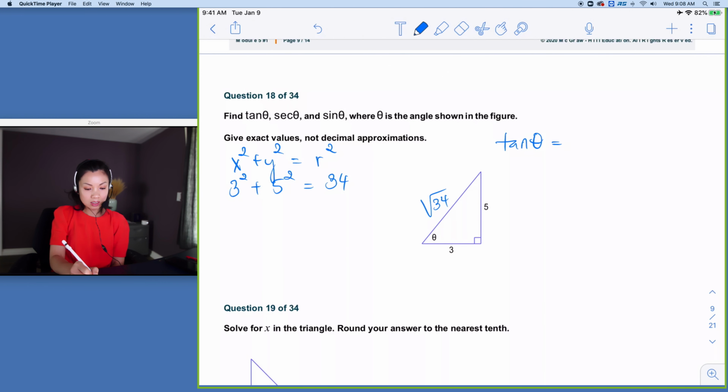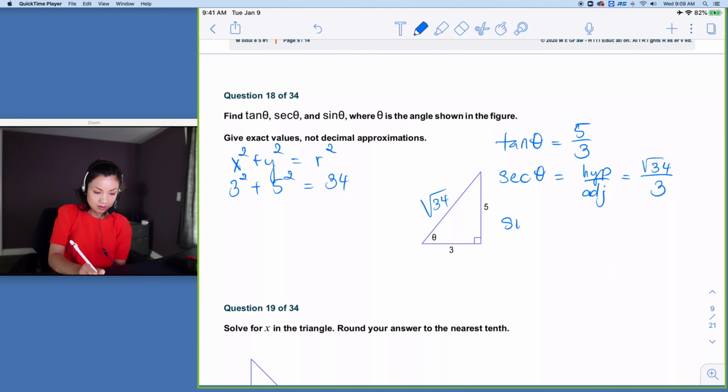Tangent is opposite over adjacent. Secant is hypotenuse over adjacent, which is square root of 34 over 3. And sine is opposite over hypotenuse. Okay, and make sure you rationalize it.